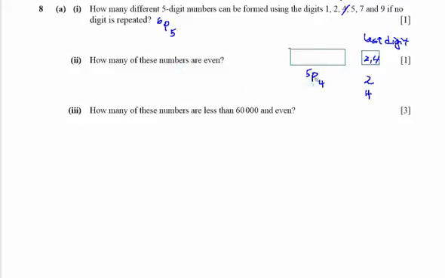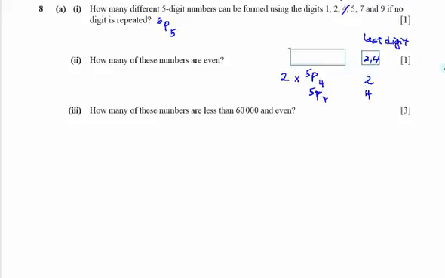So it's basically 5P4. So for 2, you have 5P4. For 4, you have 5P4. If you combine 2 and 4, basically you have a total of 2 times 5P4. That's one way of looking at it.